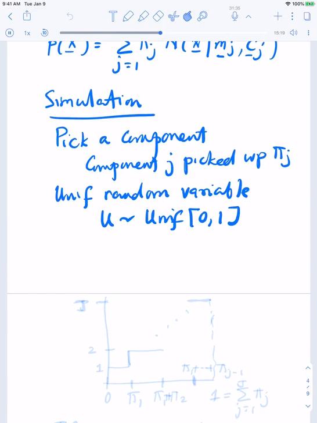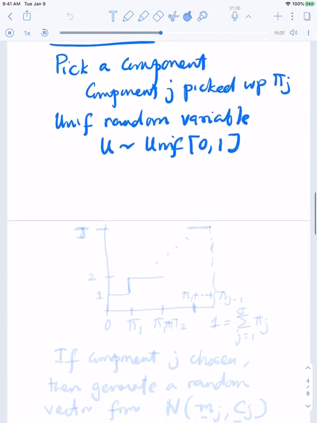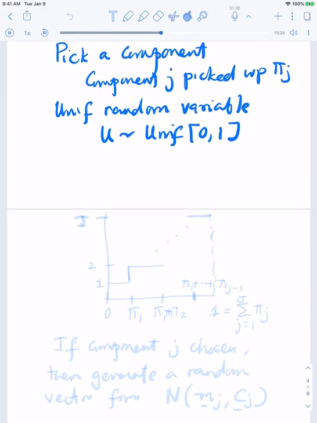So basically, there's a random number you've generated between 0 and 1, and if the number is between 0 and pi 1, then you would choose component 1. If the number is between pi 1 and pi 1 plus pi 2, you would choose component 2, and so on.